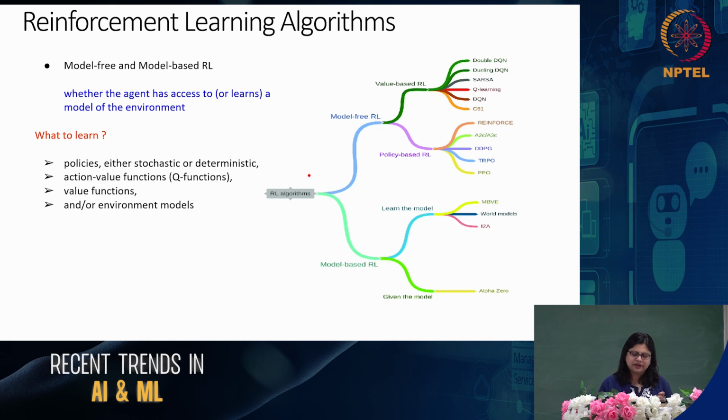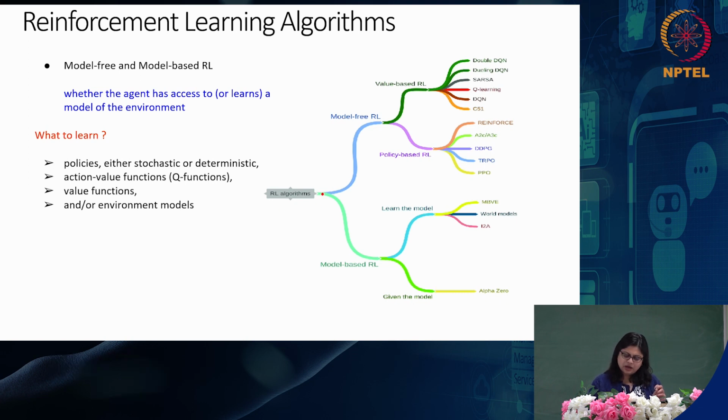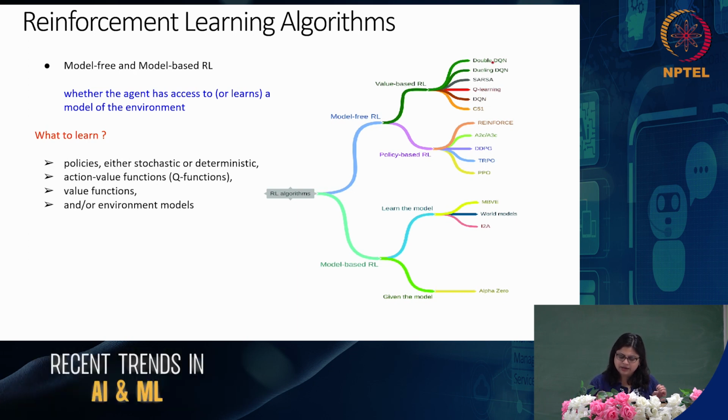So these are the various reinforcement learning algorithms. If you have to categorize RL algorithms, we have model free RL. There are value based RL methods like Q learning, double DQN, dueling DQN.